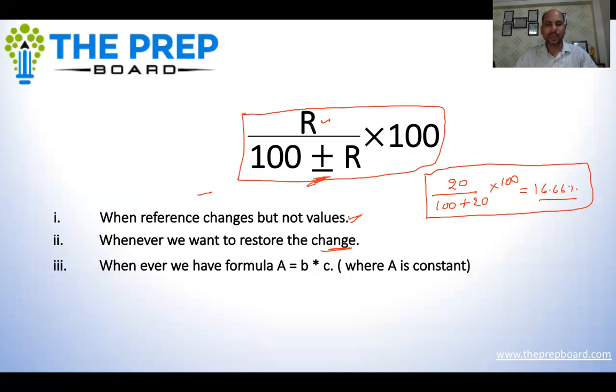Now next, the third and final and very important use of this formula. Whenever you have a formula like this, A equals B into C. What does it mean? Have you seen this formula earlier? I think no. Okay, let's see. Have you seen this formula or not?